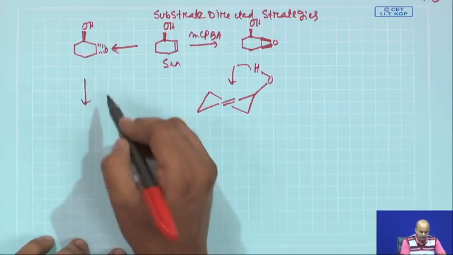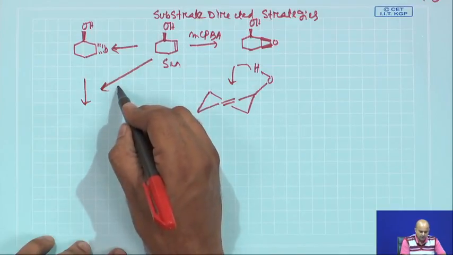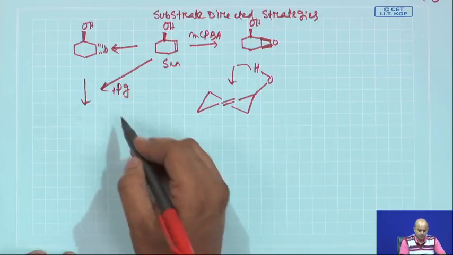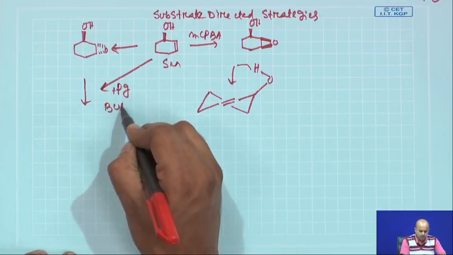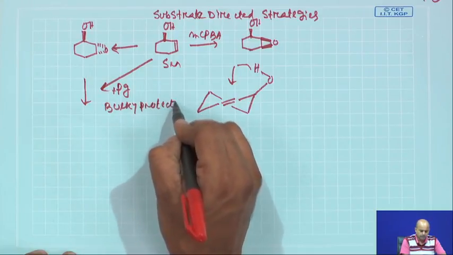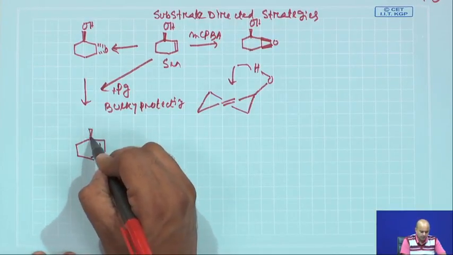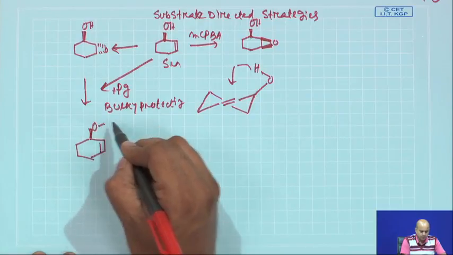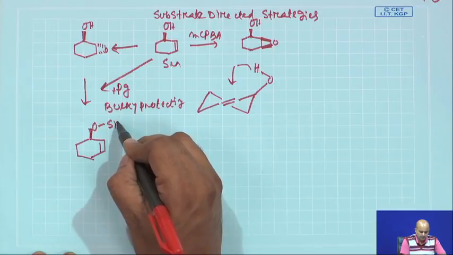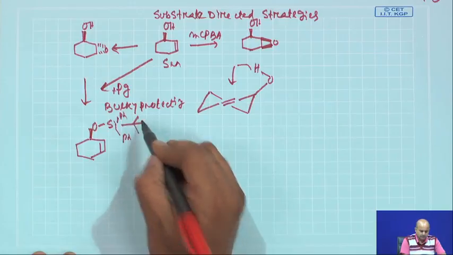In this case, the main way is that you first make sure the alcohol has been protected with a suitable protecting group. The bulkier the protecting group, the better. So, you first protect this compound with a bulky protecting group like tert-butyldiphenylsilyl, TBDPS.